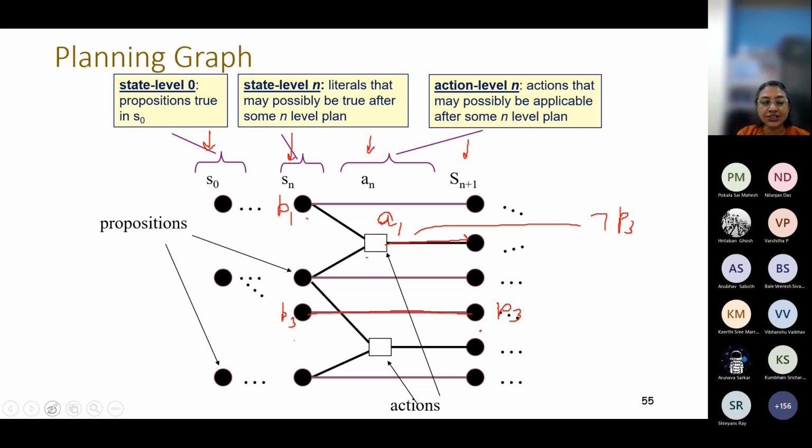Also, if you look at the action set, AN is the set of actions whose preconditions are true in Sn. Similarly, AN plus 1 is the set of actions whose preconditions are true in Sn plus 1. What can you tell about the sizes of AN and AN plus 1?